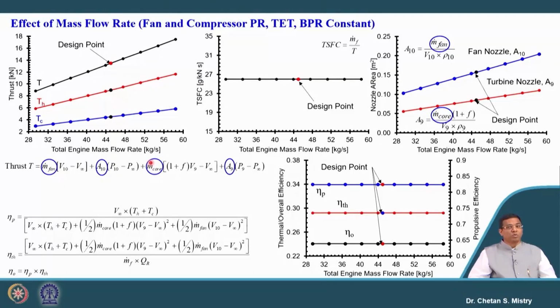So, here also let me make the point, we need to be very careful in selection of mass flow rate, because that will lead to an increase in the size of the engine, an increase in the weight of the engine, and that will increase the drag. So, that is the reason why optimization of the inlet mass flow rate is equally important.